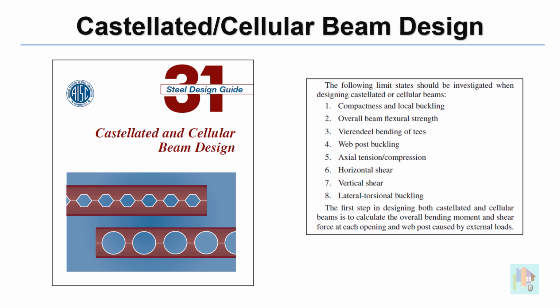AISC Design Guide 31 is the most detailed design code on castellated and cellular beam design. In this code, 8 additional checks are recommended for any castellated or cellular beam. I am not going to cover the design philosophy in this video. If you need any information on the design basis, let me know in the comments.